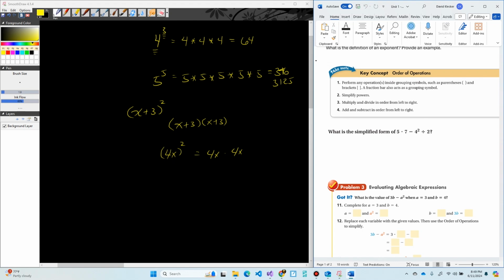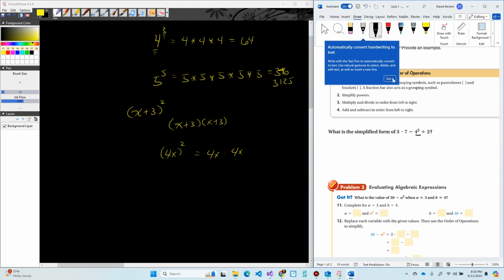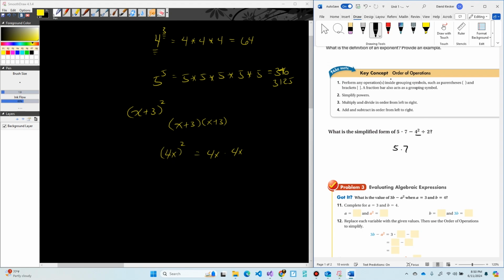Do you see any parentheses or brackets in this expression? I don't see any at all, so we can skip that part. Now we simplify powers. I do see an exponent here, 4 squared, so I'm going to simplify that: 5 times 7 minus 16 divided by 2.